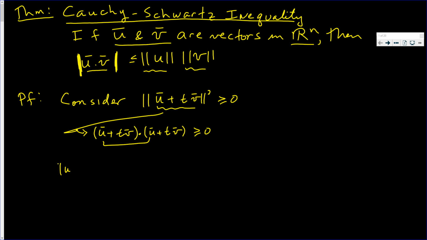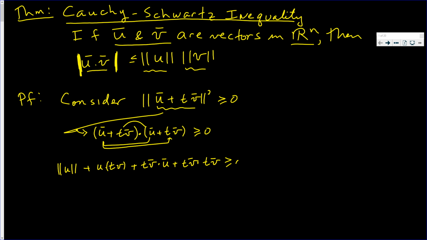Well, that's the length of u squared. And you have u dot tv plus tv dotted with u plus tv dotted with tv.